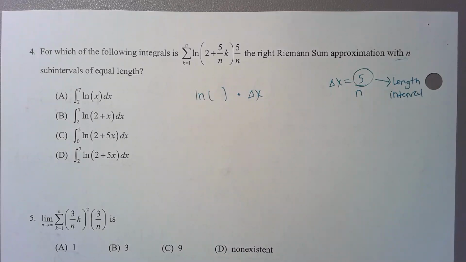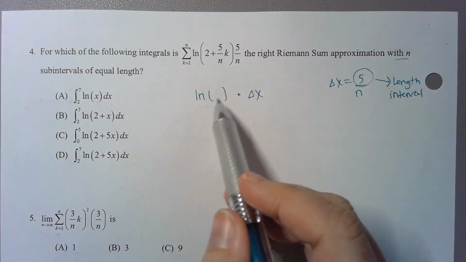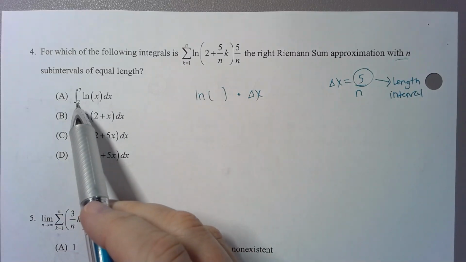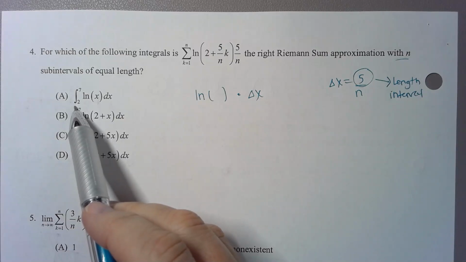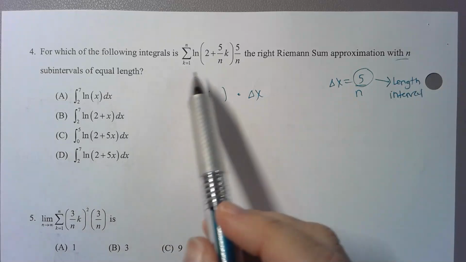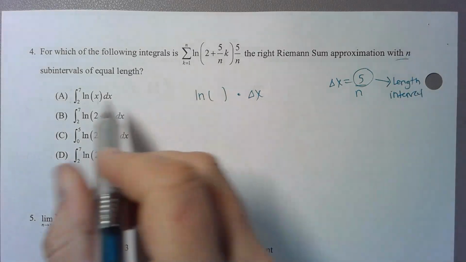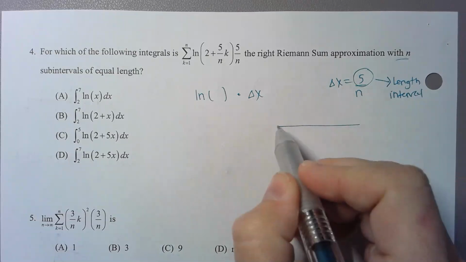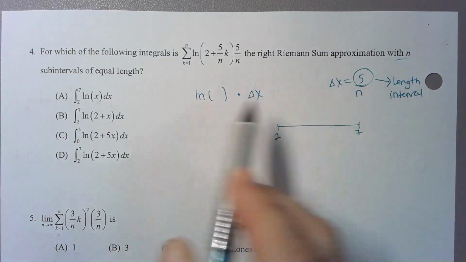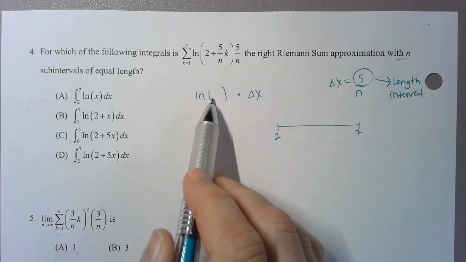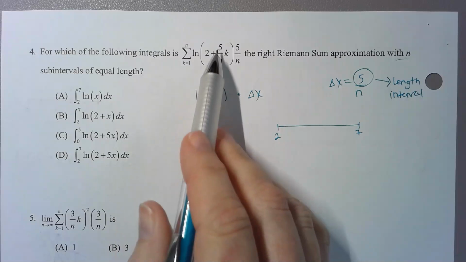So the big question is, what's going to go in here? Are we going from 2 to 7? Well, let's check. I'm just kind of working backwards. If we're going from 2 to 7, then the inside should say 2 plus delta x times k, which I think it does.